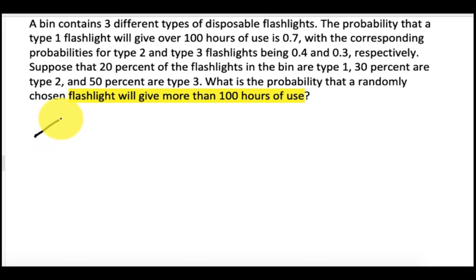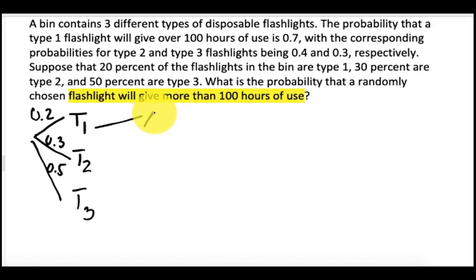So I will denote by T1 the event that the chosen flashlight is of type 1, and then I have T2 here, and then I get T3. The corresponding probability will be 20% for the first, 30% for the second, and 50% for the last one.